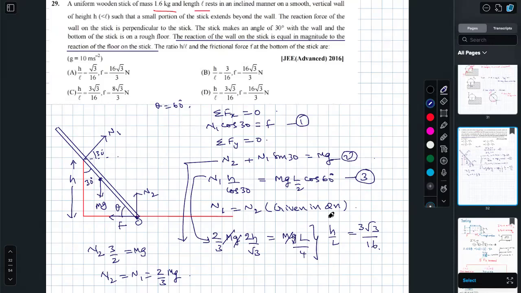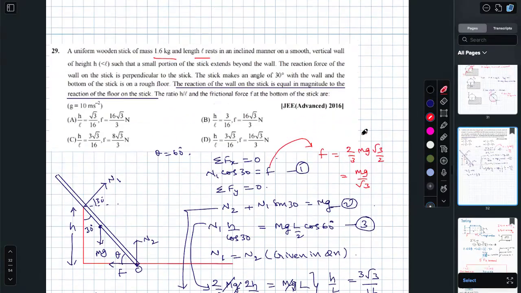Okay, I got one option. The other option is from this: friction is N1 cos 60, which is 2 by 3 mg root 3 by 2. So this is mg by root 3.